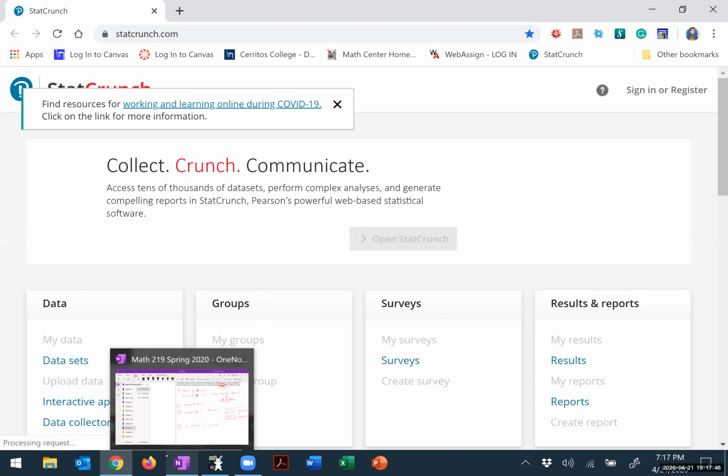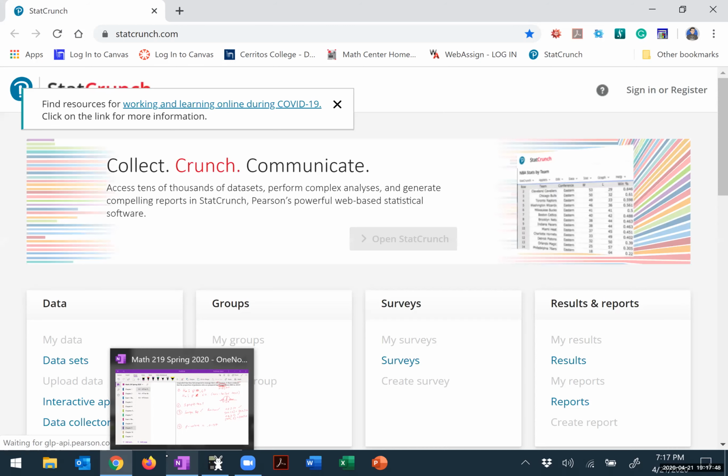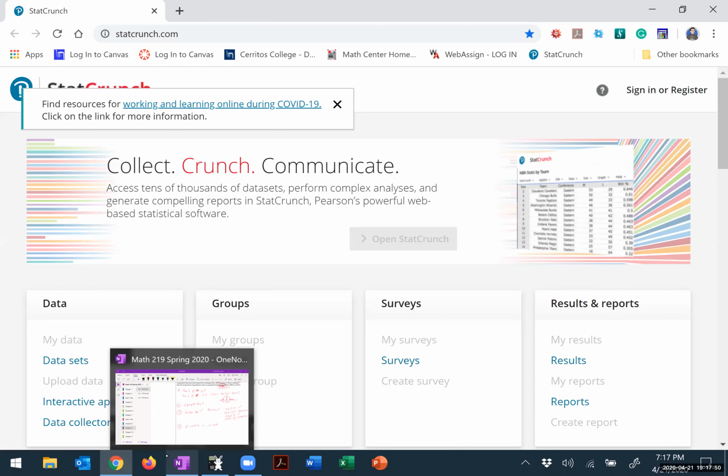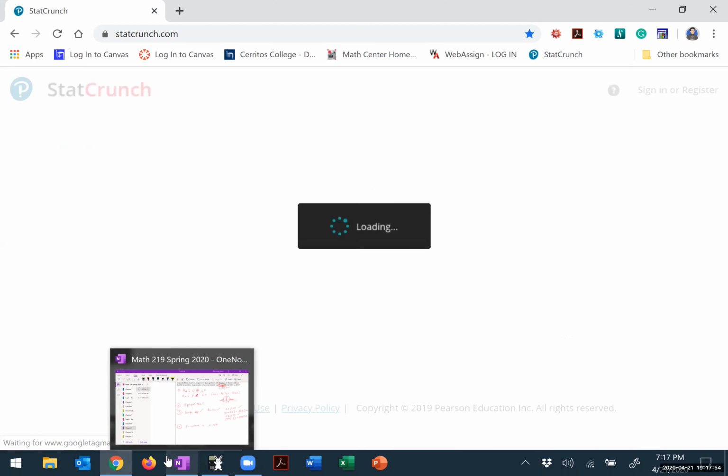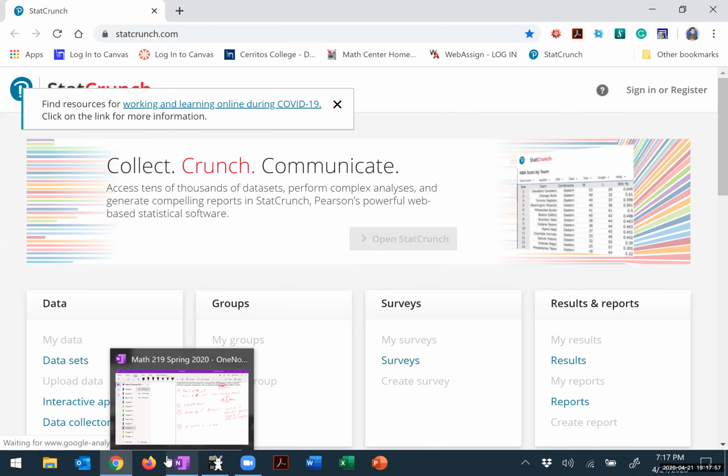Instead of doing a confidence interval, we're going to do a hypothesis test. Hypothesis tests and confidence intervals are very similar to each other. A two-tailed test is basically a confidence interval.